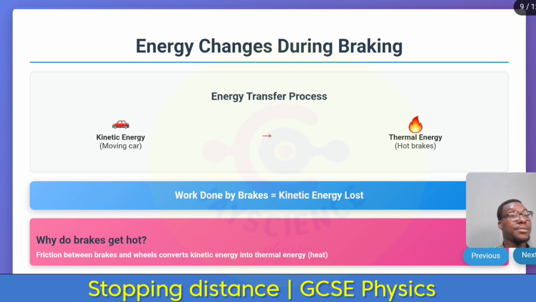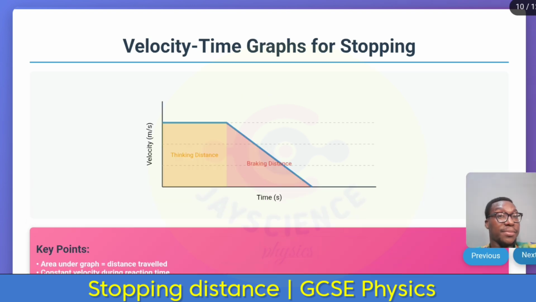That conversion we can quantify as work done by brakes. So the work done by the brakes is equal to the kinetic energy lost as thermal. And then your brakes will dissipate that thermal energy into the surroundings. So friction between brakes and wheels converts kinetic energy into thermal energy.